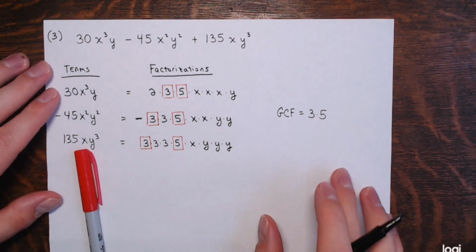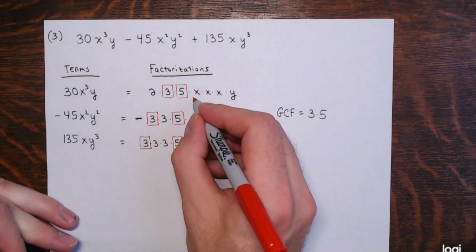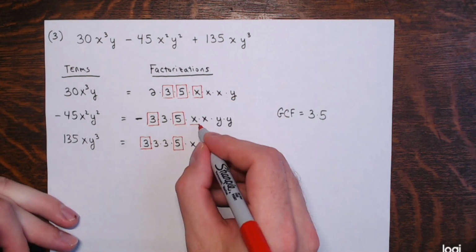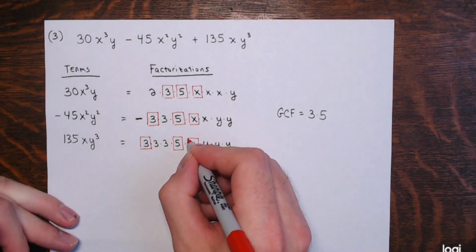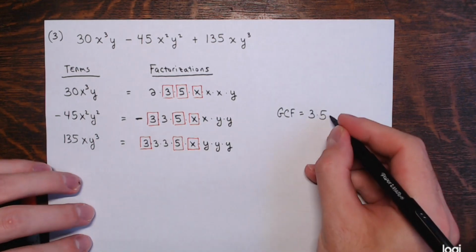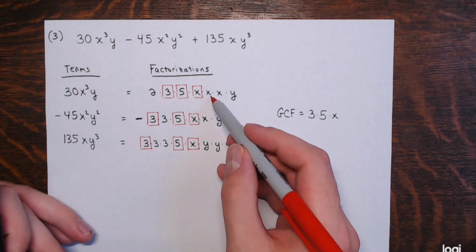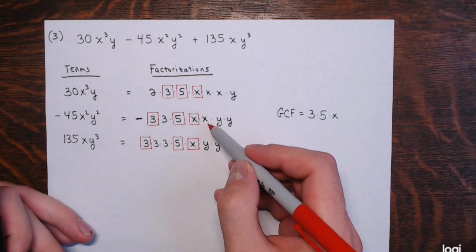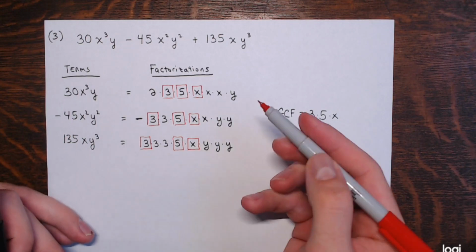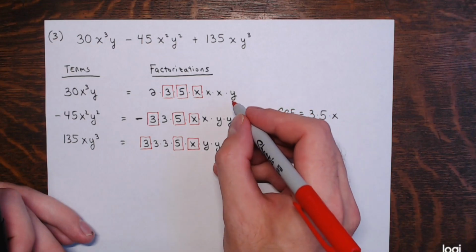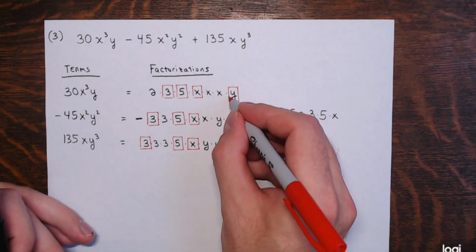Right? They all share a factor of x. Every single one of these terms has a factor of x. So times x in the greatest common factor. No more. These two have x again, but this one doesn't have another x. They all share a factor of y as well.